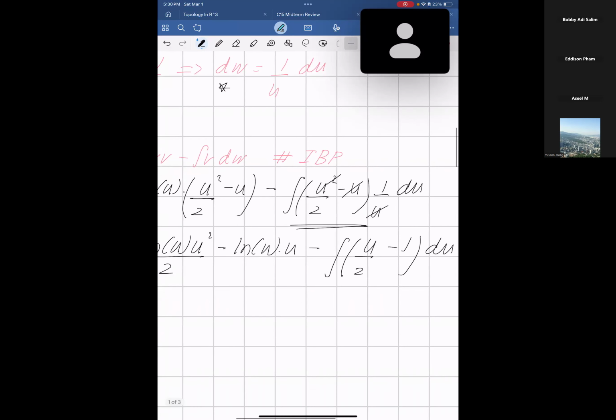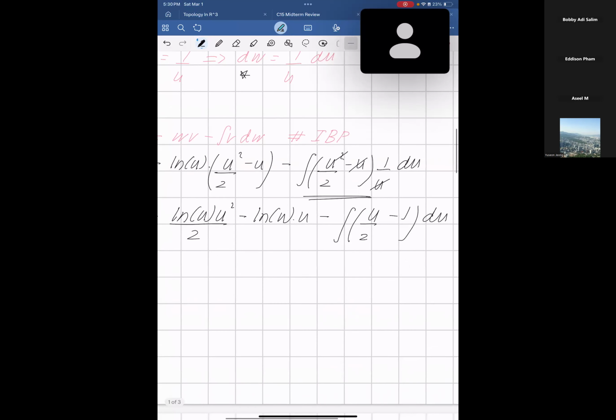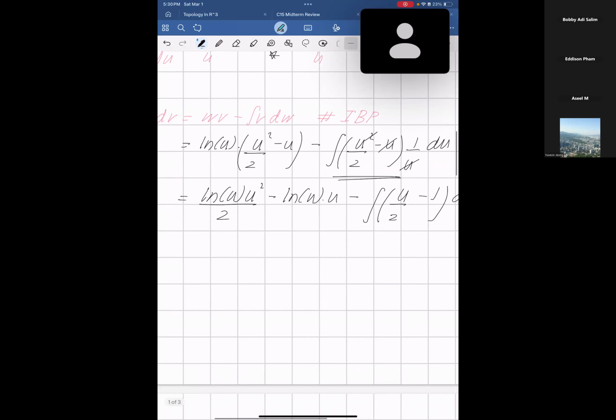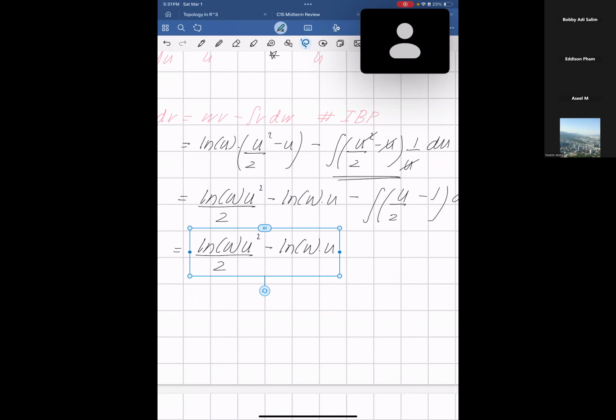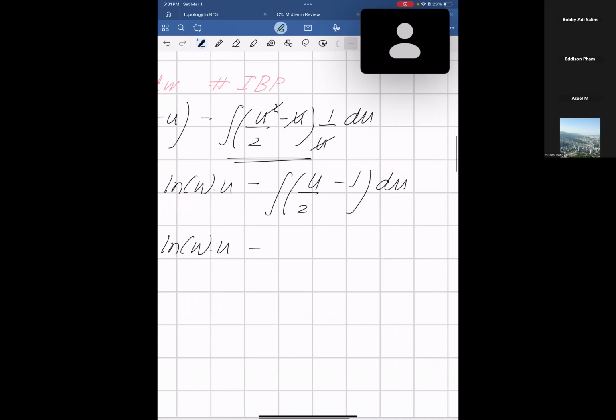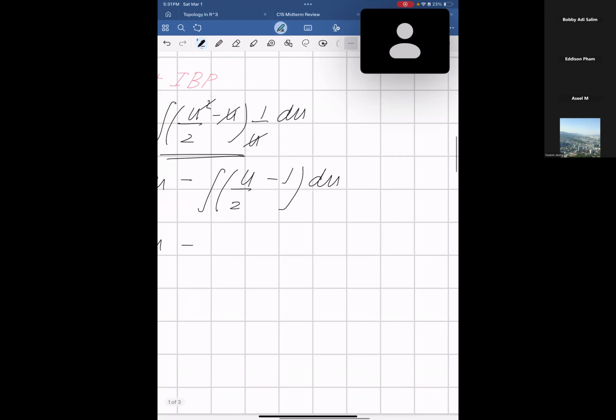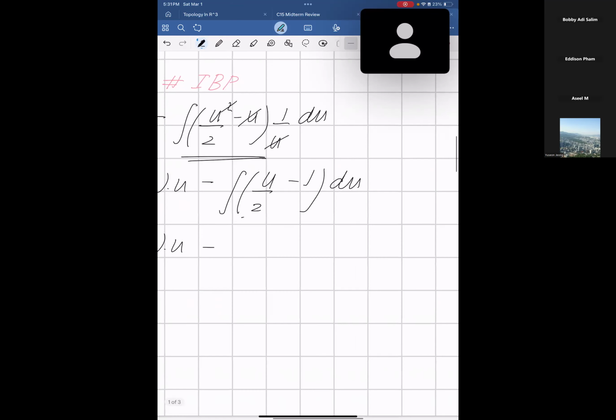Okay. Any questions until this step? Okay, I'm just going to proceed. To save time, the integral of u over 2 minus 1, by integral properties, is the integral of this and the integral of this.